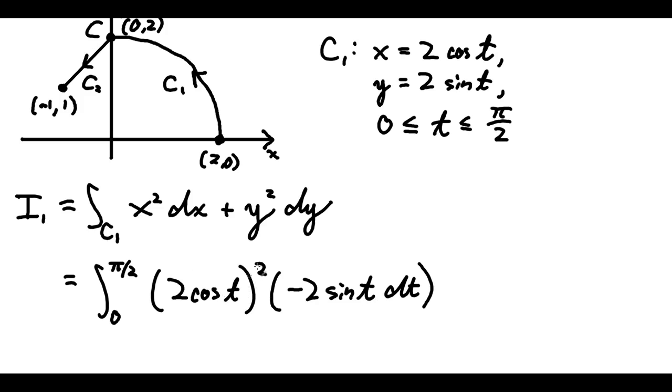This is x squared dx plus, I think I might run out of room, so let's move this down here, plus y. y is 2 sine t, squared dy. Well, what's dy? That'll be a 2 cosine t dt.